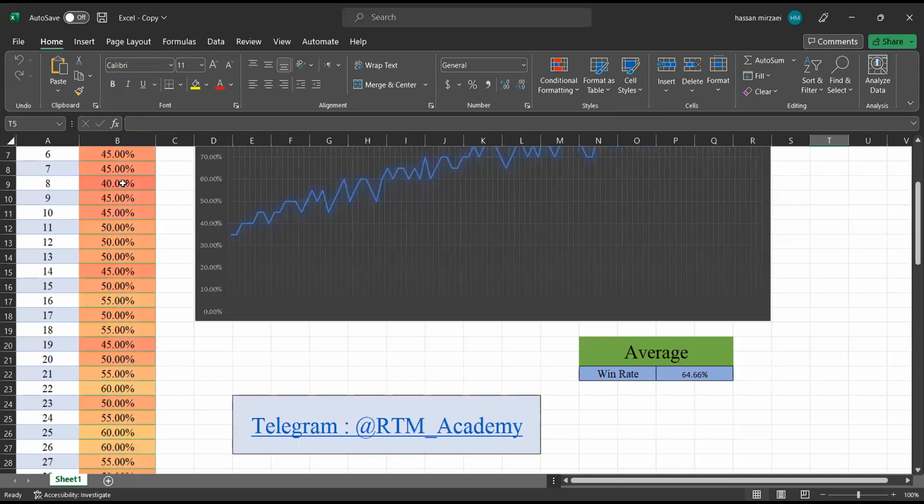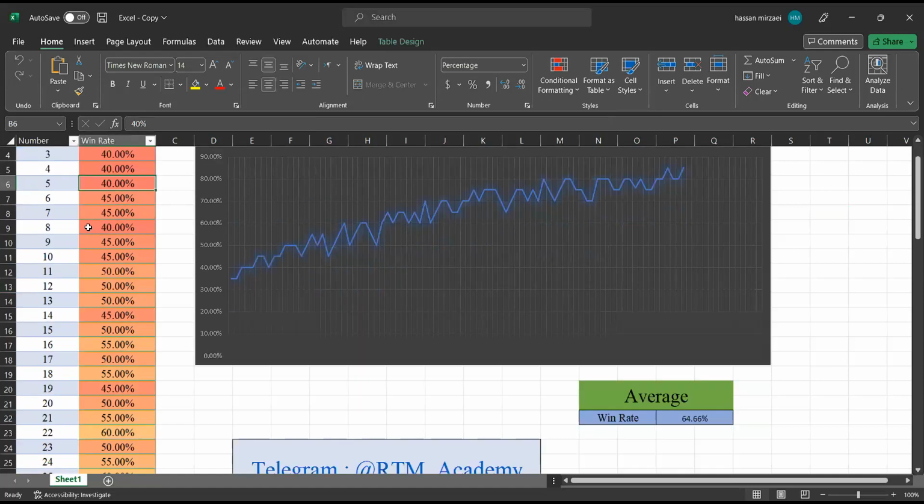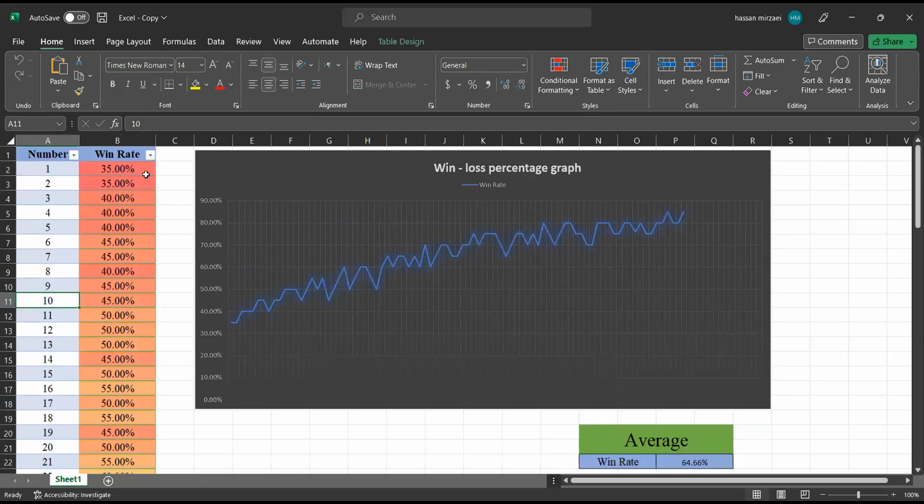Don't be scared about a low win rate if you persist in your trading way and backtest a little bit. For example, you start with a 35% win rate.